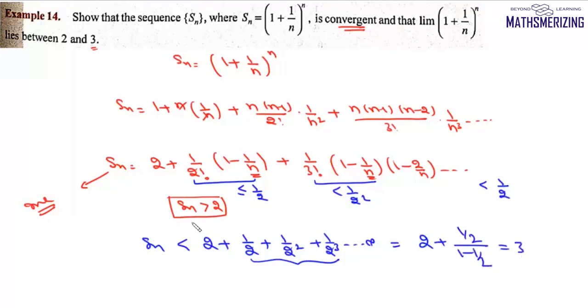So from these two conditions we can say that the sequence is bounded and its value will lie between 2 and 3. So the sequence is monotone increasing and it is bounded. That means the sequence is a convergent sequence and the limit of the sequence will lie between 2 and 3. We can find the limit of the sequence also.